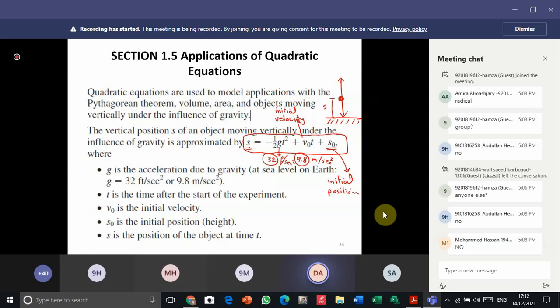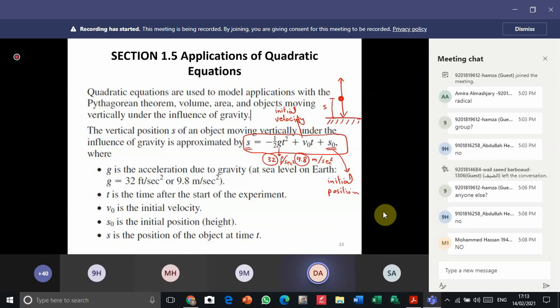This means s naught is the height of the object above the ground at the moment of launch, the initial, at time zero. At time zero, what was its height, and what was the velocity. v naught is the initial velocity at the moment of launch, and s naught is the distance between the object and the ground at the moment of launch.